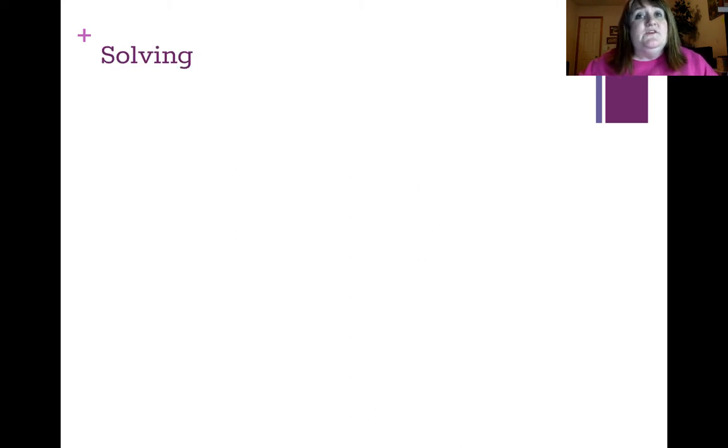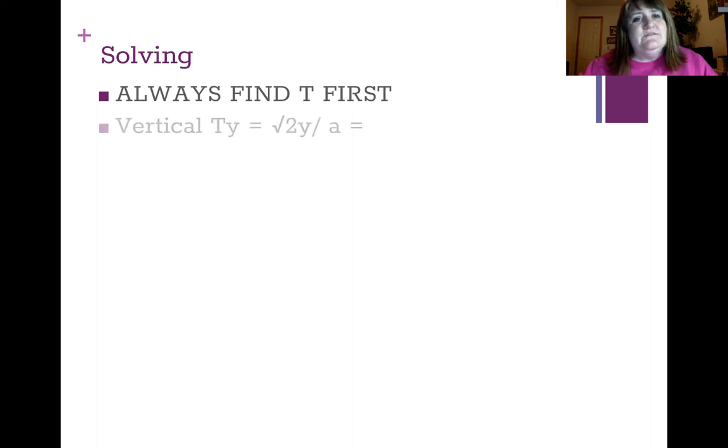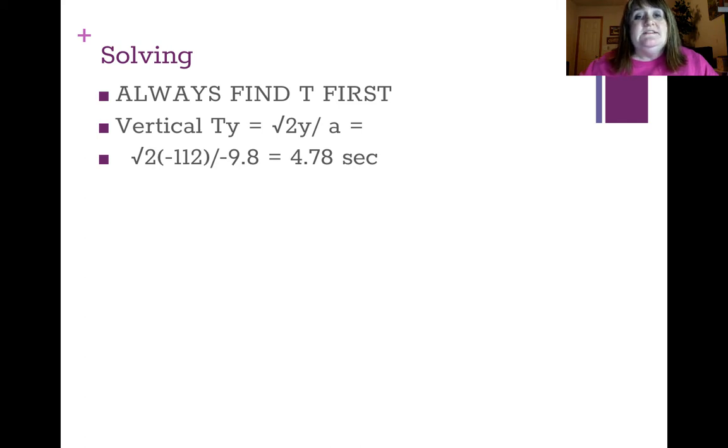So here's how we have to go about solving it. Always find time first. In these problems, always find time first. Vertical, ty, is the square root of 2y divided by a, which should be 4.78 seconds. Horizontal, right?